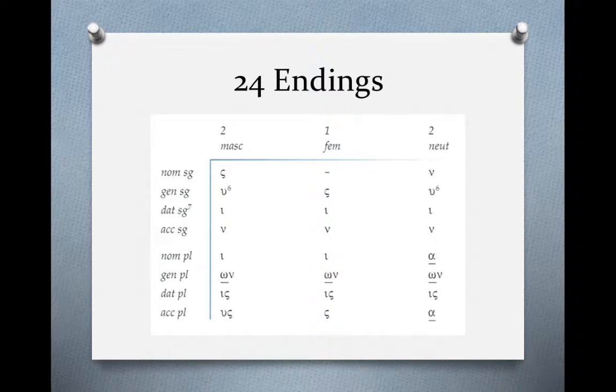If we look in the plural rows, we can see the masculine and feminine share their ending of iota there. And in the genitive plural and dative plural, they all share the same endings: own, is. If we go over to the neuter column, we can see that the nominative plural and accusative plural are going to share the same endings.